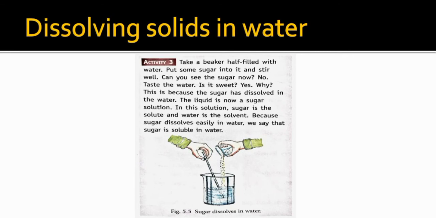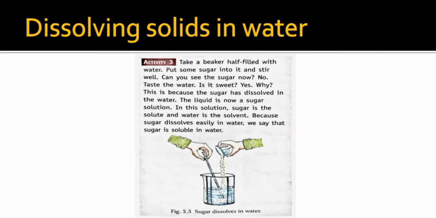Why? Because the sugar has fully dissolved or fully mixed in the water. Then the liquid is now a sugar solution. In this solution, sugar is the solute. You are studying a new term, that is solute, and water is the solvent. The solid that we mix inside the liquid is called a solute, and the liquid in which we are mixing the solid is called solvent.